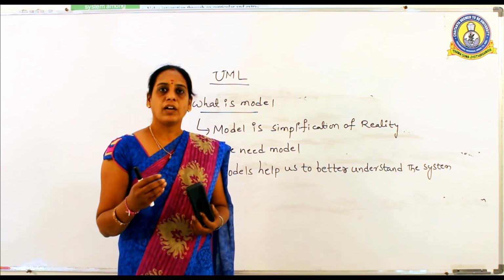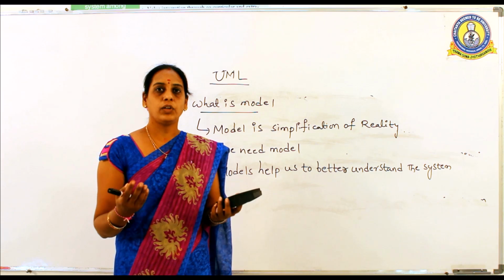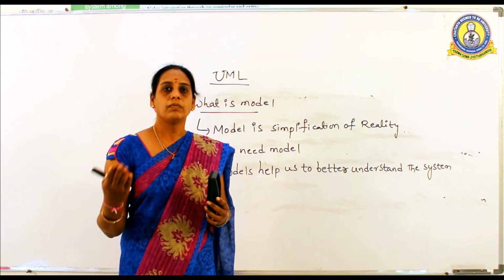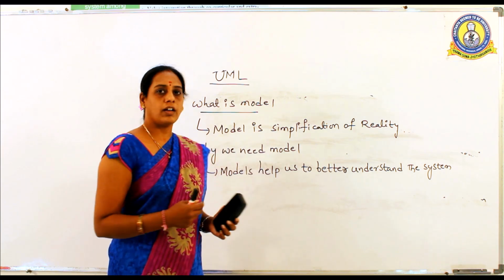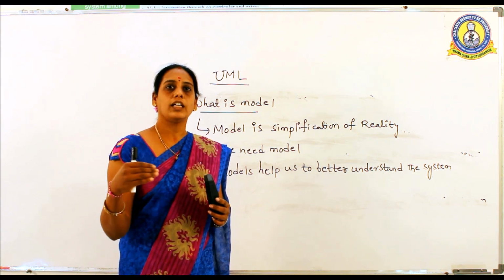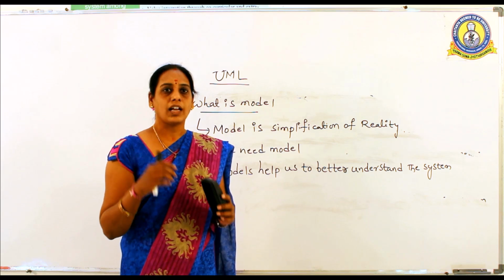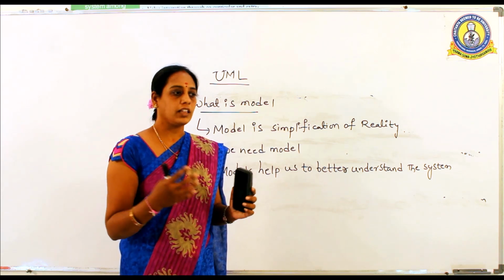Why? Because after constructing our house, if we don't like that house, we will be wasting time and we will be wasting money also. So with the help of the model, we can see how the house is going to be after constructing it. If we don't like that model, we can even make changes in that model.